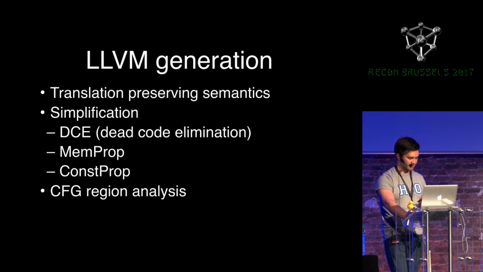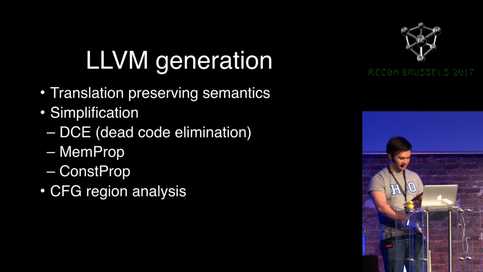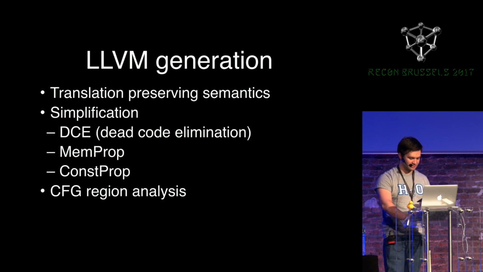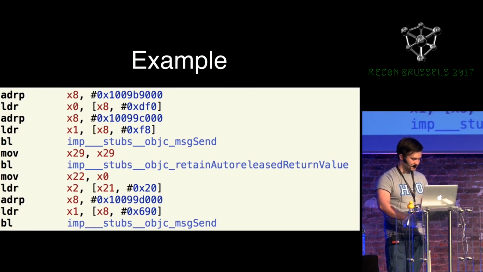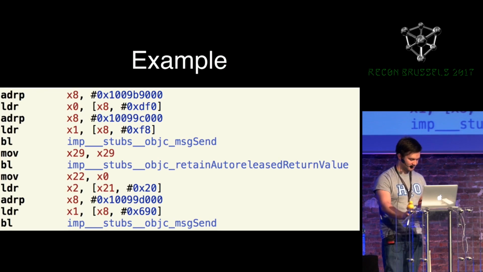For example, we remove dead code and run constant propagation passes, which is very useful when analyzing the function arguments. So let's see an example of ARM to LLVM translation. This slide contains an example of an Objective-C function. It's actually a part of a function in a binary application.